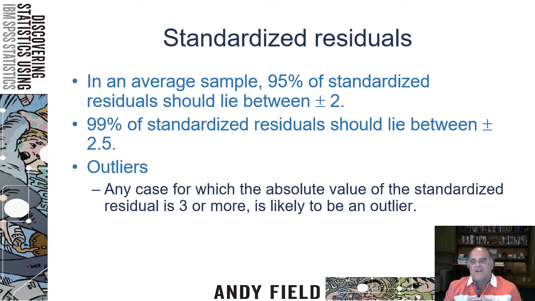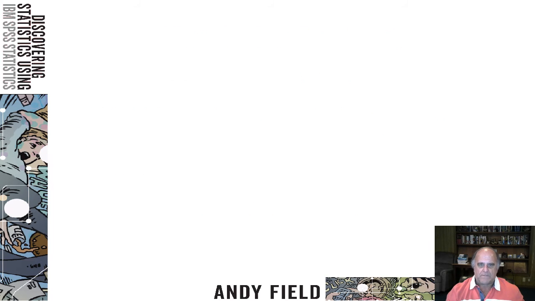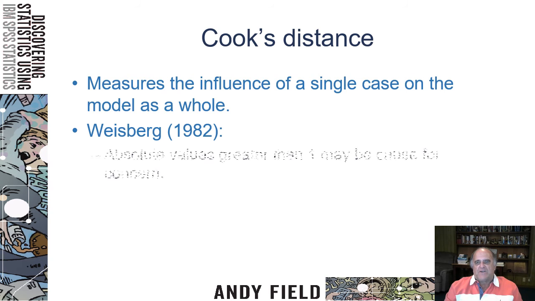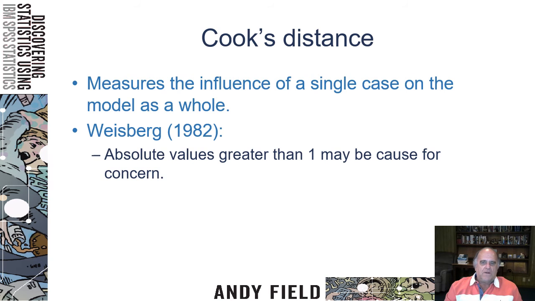So if a standardized residual is 3 or more, it's likely you have an outlier in your data. In terms of Cook's distance, that measures the influence of a single case on the model as a whole. And Weisberg, 1982, says absolute values greater than 1 may be a cause for concern.